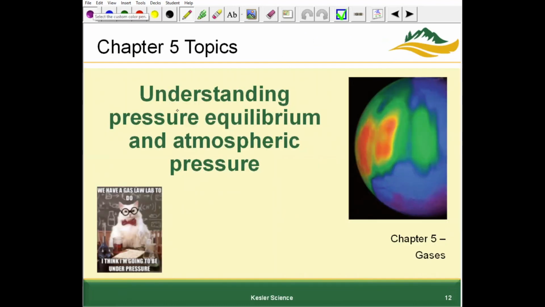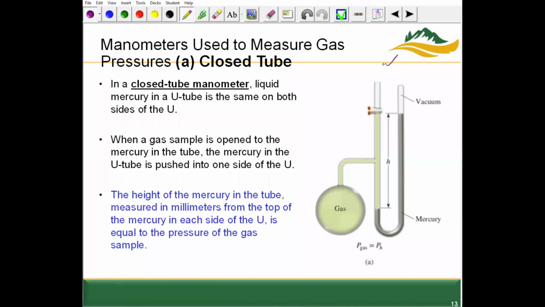Next topic here is understanding pressure, equilibrium, and atmospheric pressure. Within this topic, we're going to be focusing on these manometers. So let's go through first a closed tube manometer. It's a closed tube manometer because this portion is closed here.